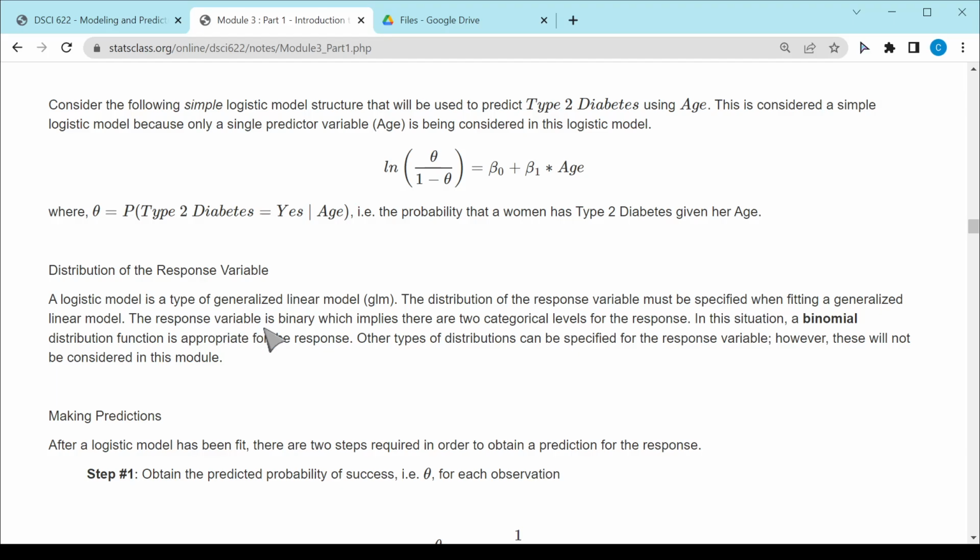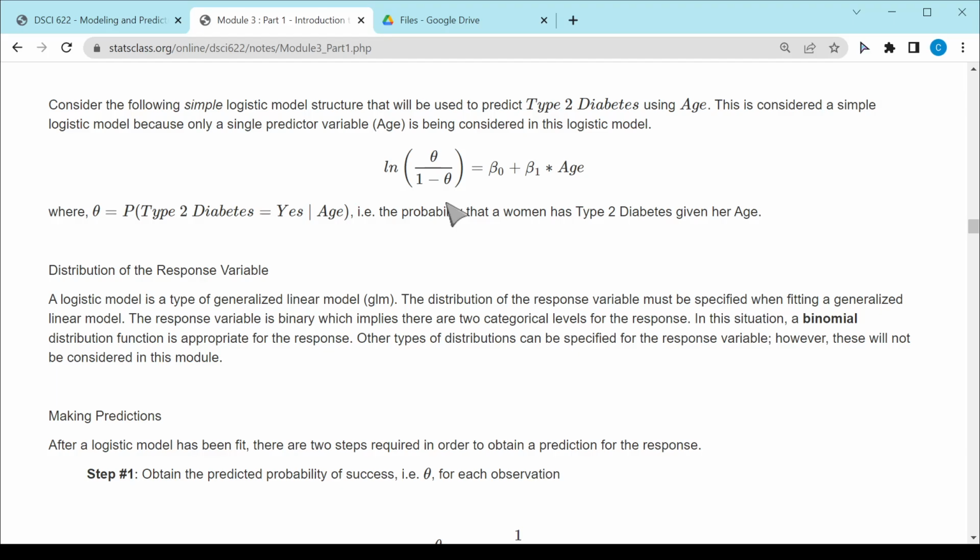A logistic model is a type of what's called a generalized linear model. This is beyond the scope of this course. We're not going to talk about generalized linear models in this course. But the one thing that I do need to specify when I'm fitting this model is what type of distribution the response is. The response that I'm considering here is binary.